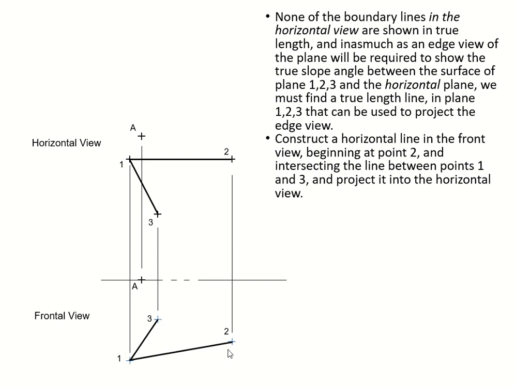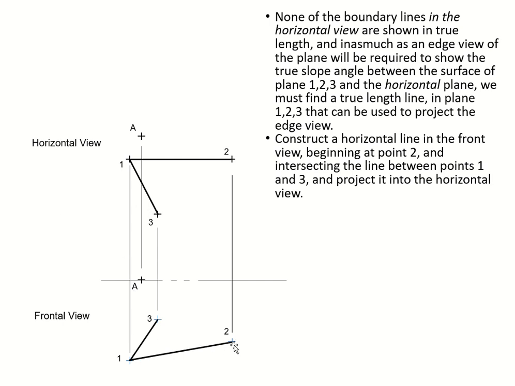And after that, we start drawing a horizontal line beginning at the point 2, all right? So starting from this front view, yeah? Beginning right there, your instruction is beginning at point 2 and then intersecting the line between points 1 and 3, and projected into the horizontal view.